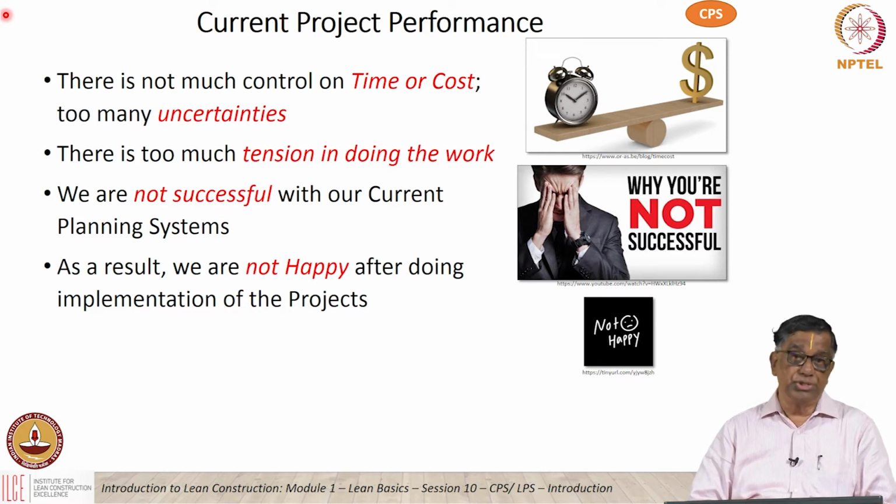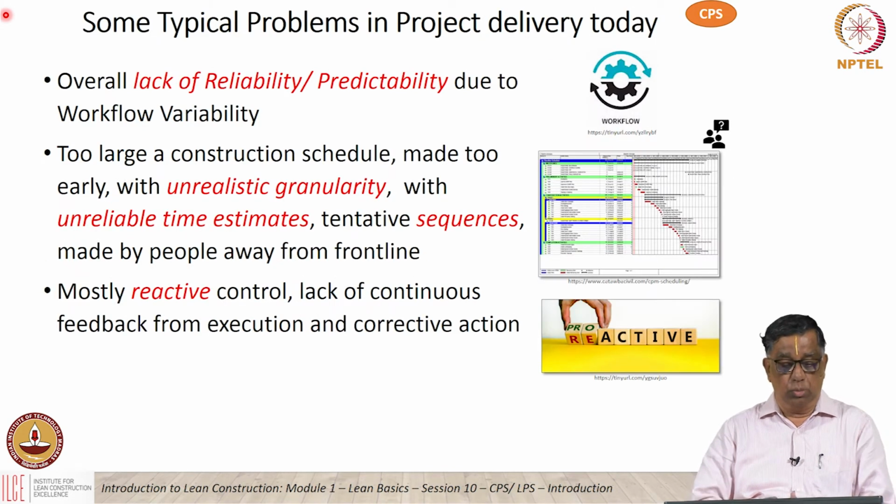There's so much tension in doing the work at the ground level in the various projects, and generally we are not successful with the current planning systems. As a result, the people at the site are not really happy doing the work. So the main reason is the lack of reliability or predictability or certainty in the workflow due to workflow variability.